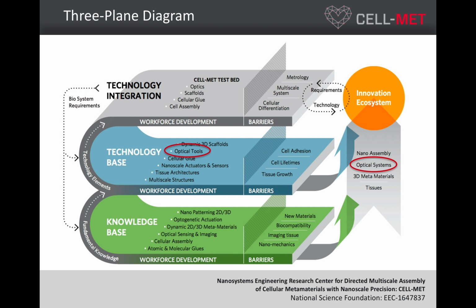If we have these techniques ready, and the techniques in the other three thrust areas are also ready, we can incorporate them all together to build the CellMat test bed, and test it on more complex nanosystems in living organisms, or even ultimately in the human body. So that's my personal understanding of this three-plane diagram.